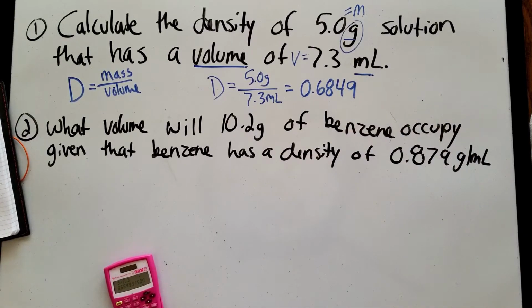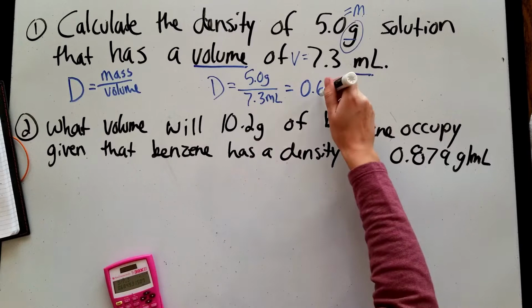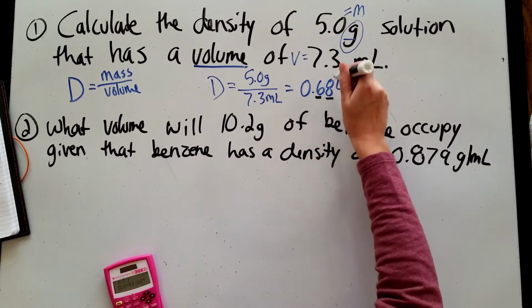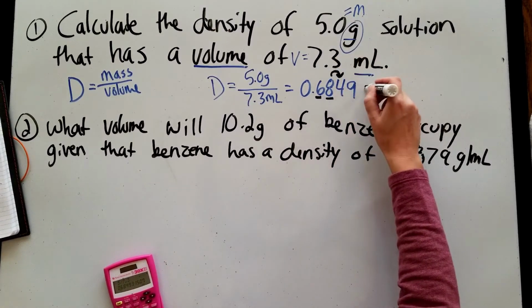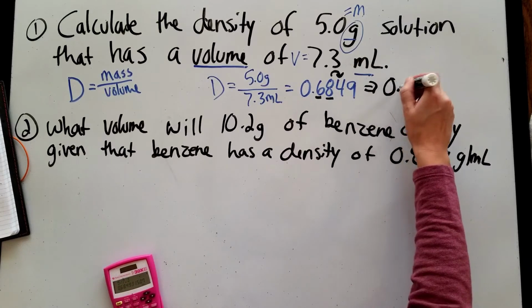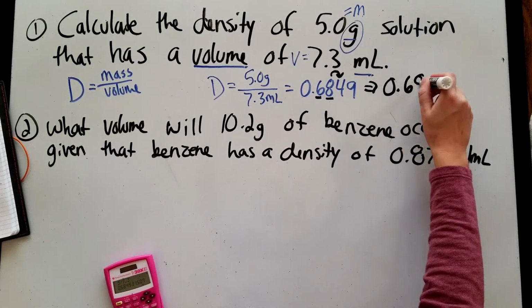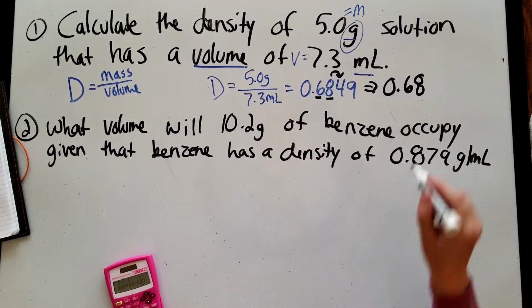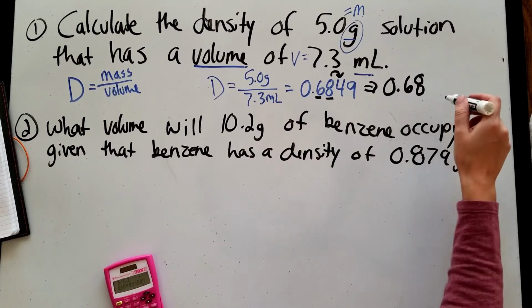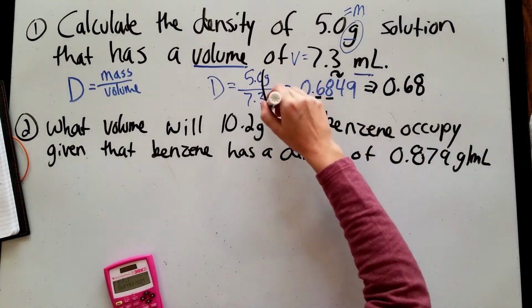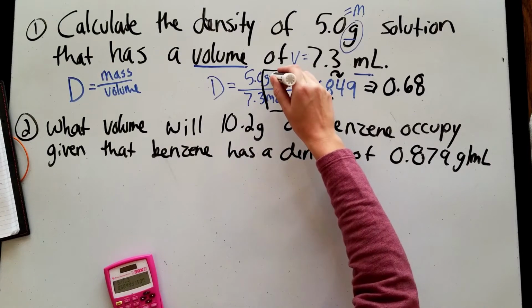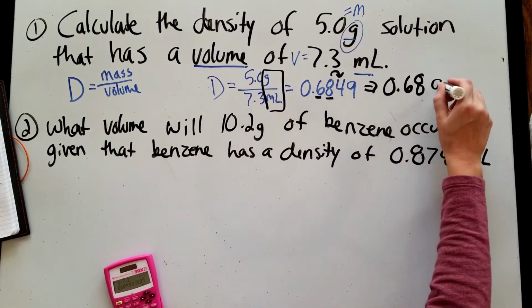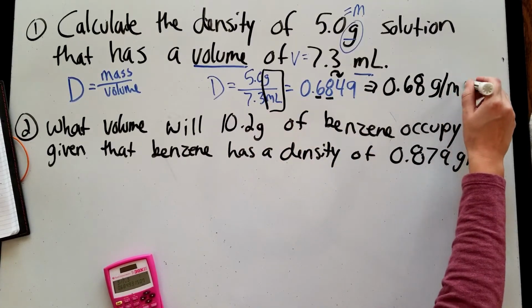But I just said only 2 of those numbers matter, so the 6 and the 8. Look at the number next to it. That's going to stay an 8. So 0.68 is my answer. But I also need units. What are my units? Right there. Grams per mL, so g/mL.